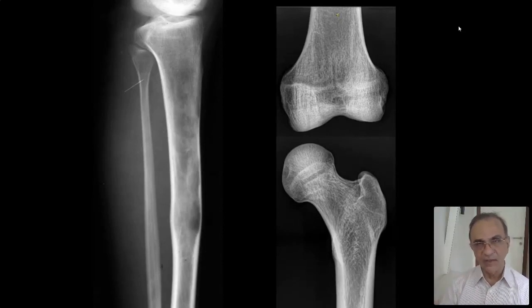Just look at the trabecular pattern. It looks as if somebody has taken a brush and smudged that bone. So this is abnormal trabecular pattern. I'm not telling you what type, what name, so on and so forth, but the trabecular pattern on the left is abnormal, where it is not coarse, but it is the opposite of coarse. Call it what you will. In fact, here it's called ground glass opacity. So this is how trabecular pattern is abnormal.